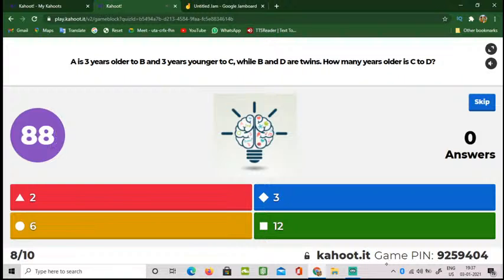Guys, please do answer every question without fail, because this is the learning phase and we are not competing with each other. Your participation is more important, because if you participate, you can learn many more things. I have got four answers.